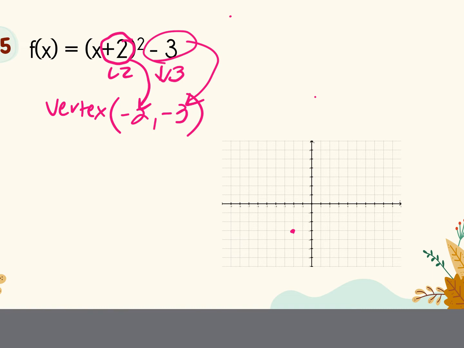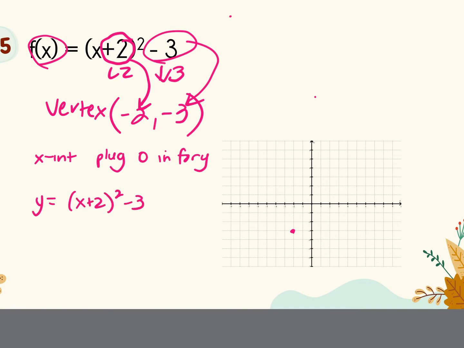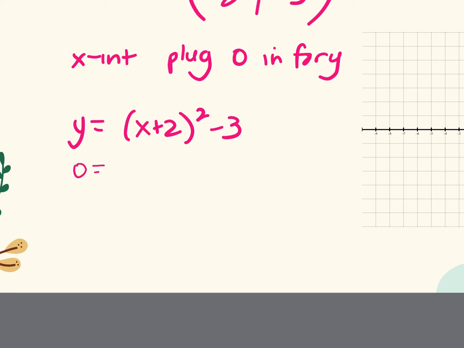So one way to do this is I can find my intercepts. To find the x-intercept, I would plug 0 in for y. So f of x is the same thing as y. This would be y equals x plus 2 squared minus 3. And then I'd make that y 0. 0 equals x plus 2 squared minus 3. And now I solve.